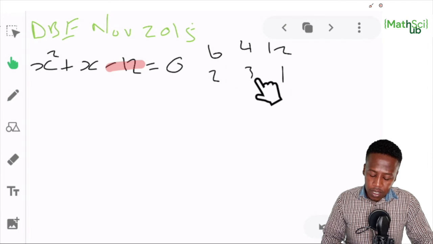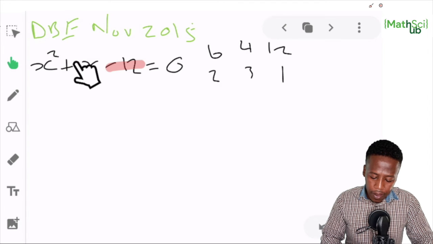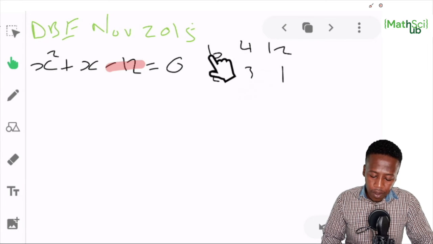From these factors, which ones am I going to use to get 1 here? If I multiply these terms, I get 12, right? But then if I add them, how am I going to get 1 here?